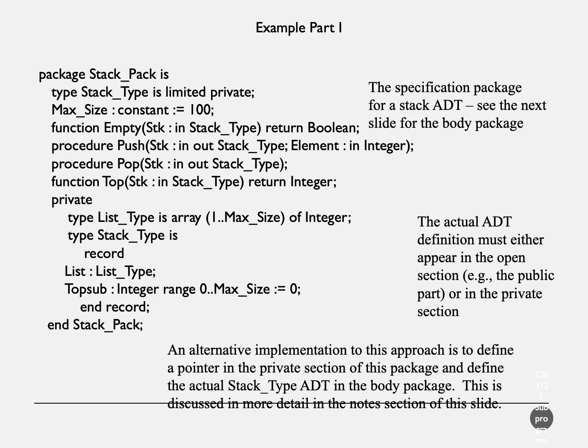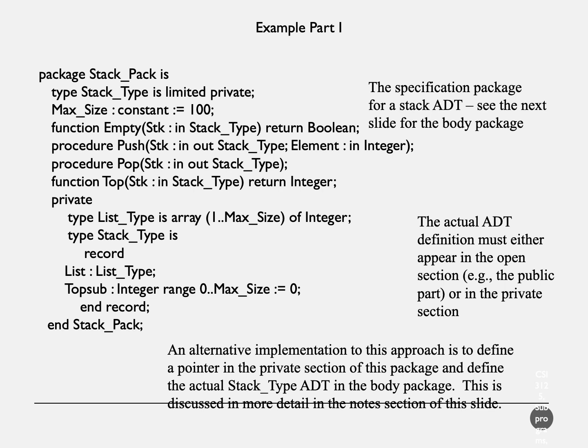The constant max_size sets a fixed size for the stack. Then we declare four subprograms. Empty checks if the stack is empty. Push adds an element. Pop removes the top element. Top returns the top element without removing it. All of these act as the interface for interacting with the stack.